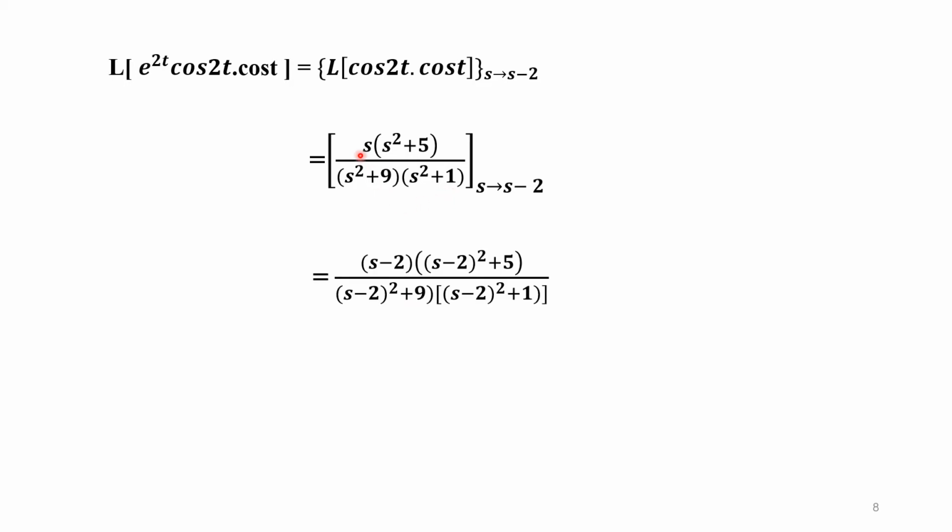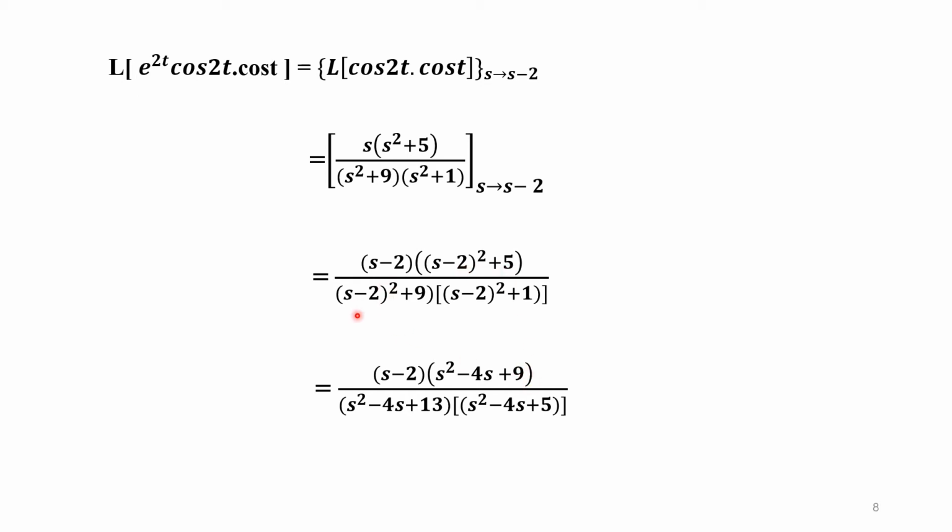So we will get s minus 2 the whole square plus 5, s minus 2 the whole square plus 9, s minus 2 the whole square plus 1. Again, we can simplify after opening the bracket s minus 2 the whole square. So when we open the bracket, we will get s square minus 4s plus 4 plus 5, that is 9.